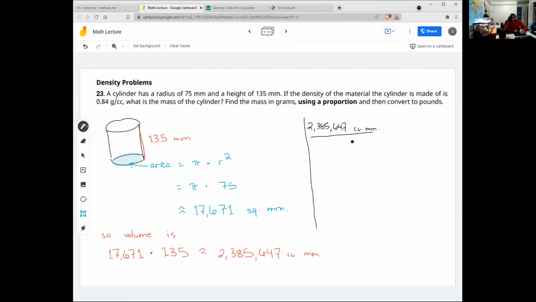It's not a fraction yet, so I put it over 1. And I want to say how many cubic millimeters are in a cubic centimeter. And the cubic centimeter is what we just put CC for.